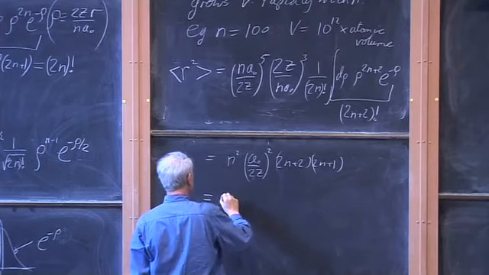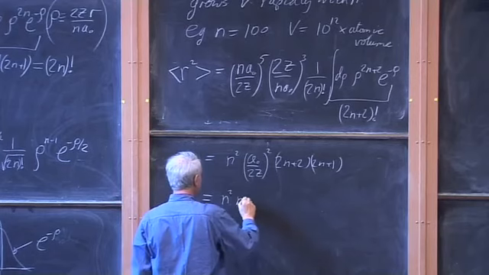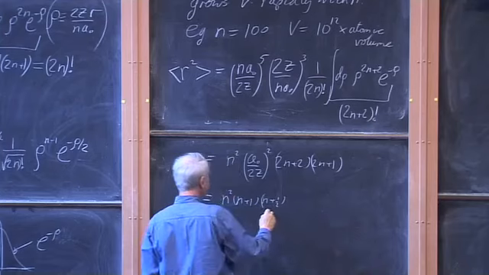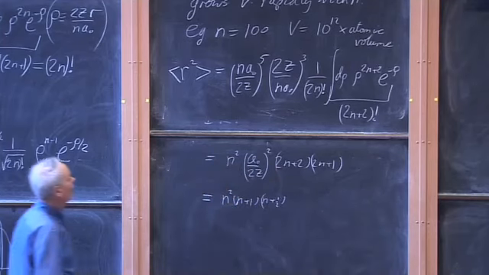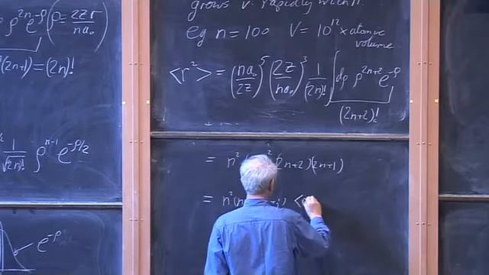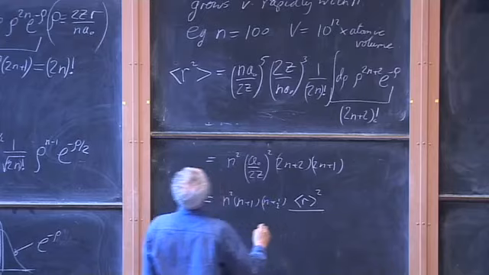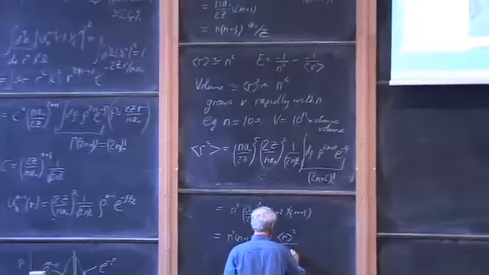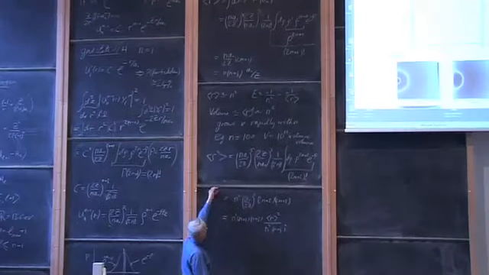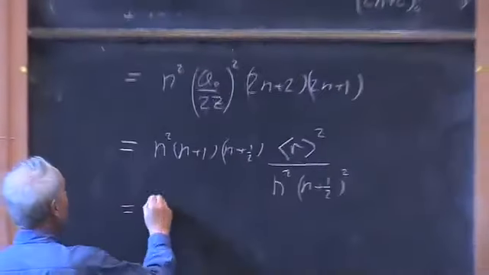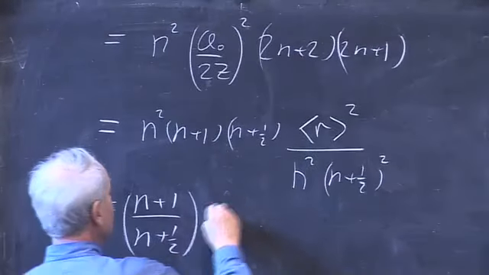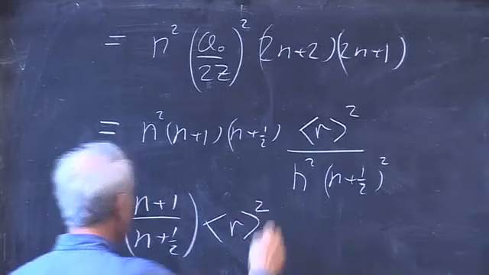So this is going to be n squared, (n+1)(n+1/2) of a0 over z squared, which itself is the expectation value of r squared over n squared (n+1/2) squared. So we can cancel many things, and we find that that's (n+1) over (n+1/2) of the expectation value of r squared.